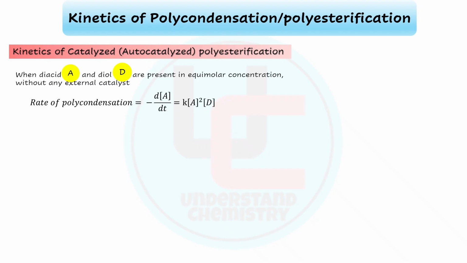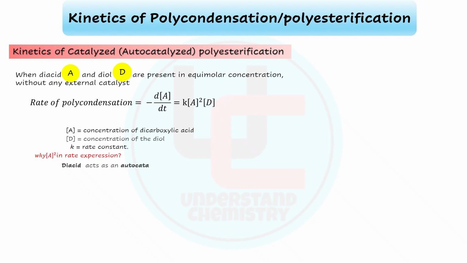The rate of polycondensation is equal to the rate constant times the square of the concentration of A times the concentration of D. Now the question is why there is A squared in the rate expression. Actually, in many polycondensation reactions, the diacid acts as an autocatalyst. This means first A acts as a proton donor. Here it is acting as catalyst.